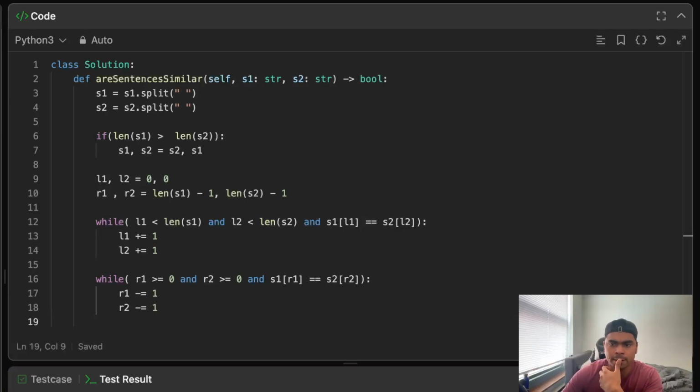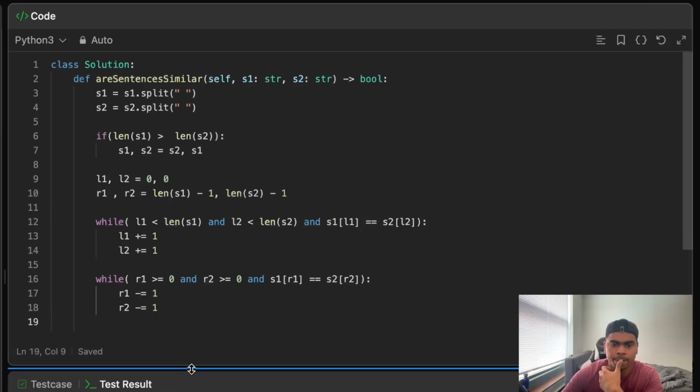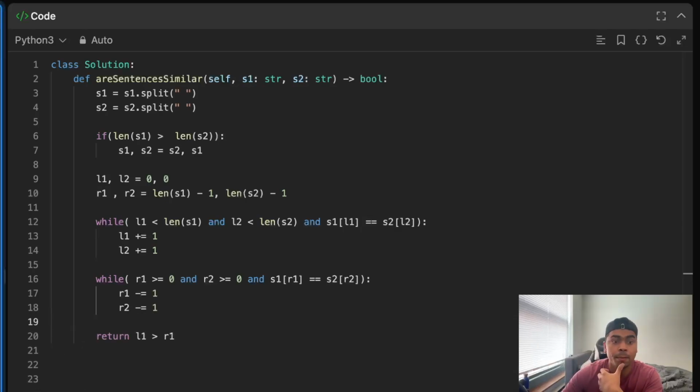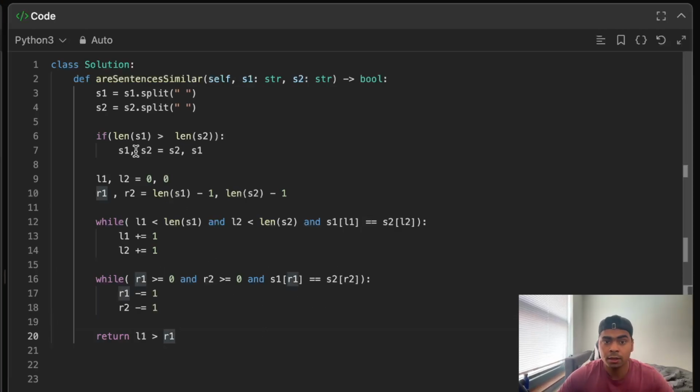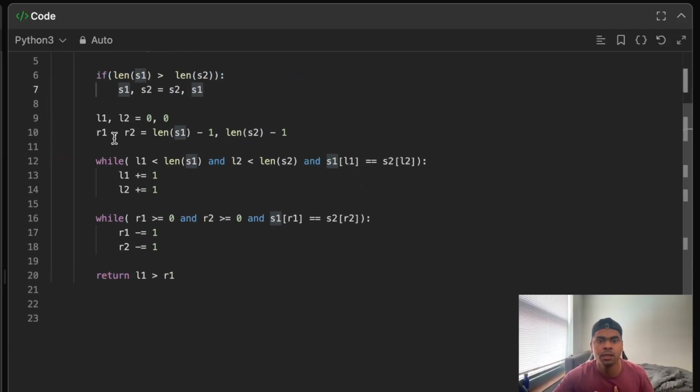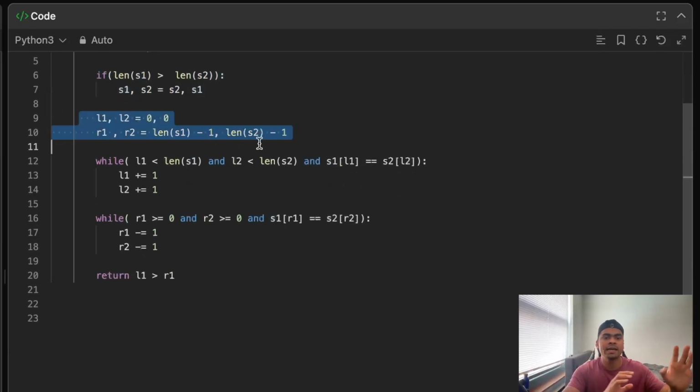Okay, this passes. Now, okay, 100%. I'm going to go over this one more time. I know it was a crazy problem. You split these two, and you swap them. If S1 was greater, then you simply want to check all the words of S1 in S2, but that too either in the beginning or in the end.